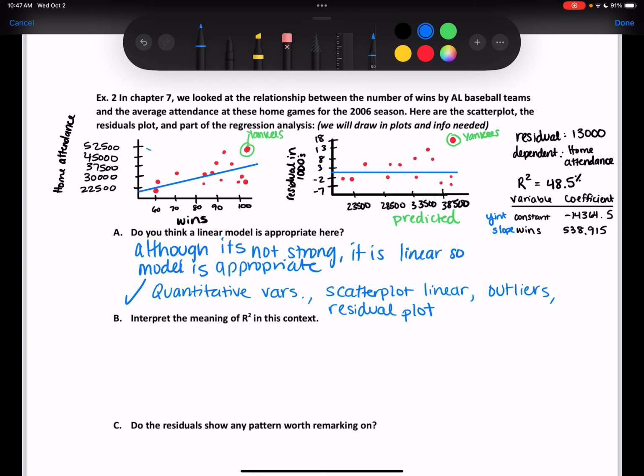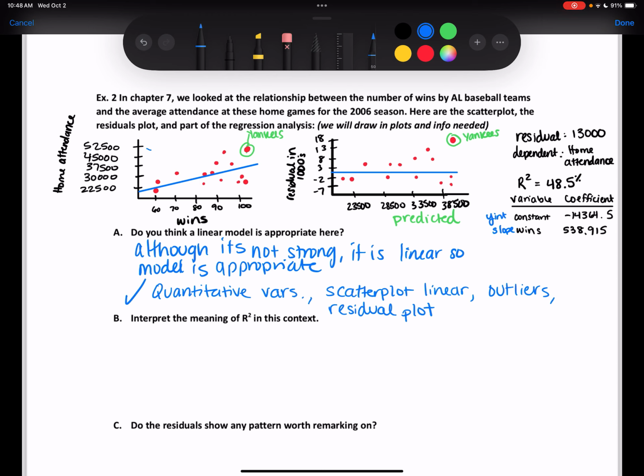All right, so interpret the meaning of r squared in this context. I've got r squared over here is 48.5%. And y is what is being changed by x. So home attendance is being affected by the number of wins, supposedly.